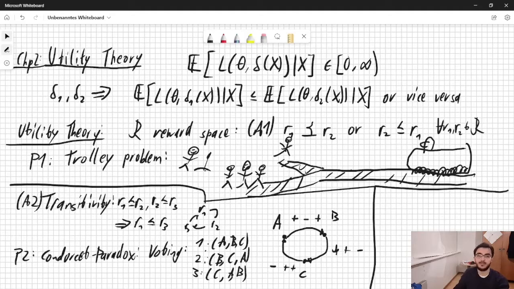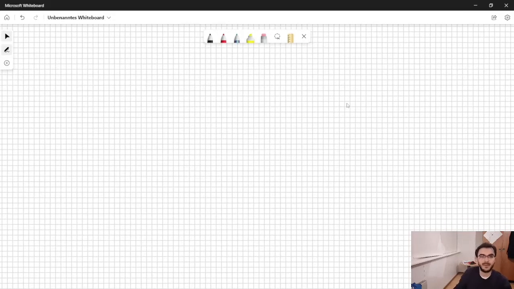Moving on to an extension to our reward space. By the way, I should be mentioning, okay, why am I talking about axioms and utility theory and so on? We're going to see how we got to this notion of a loss function, given that we make the most basic commonsensical assumptions.